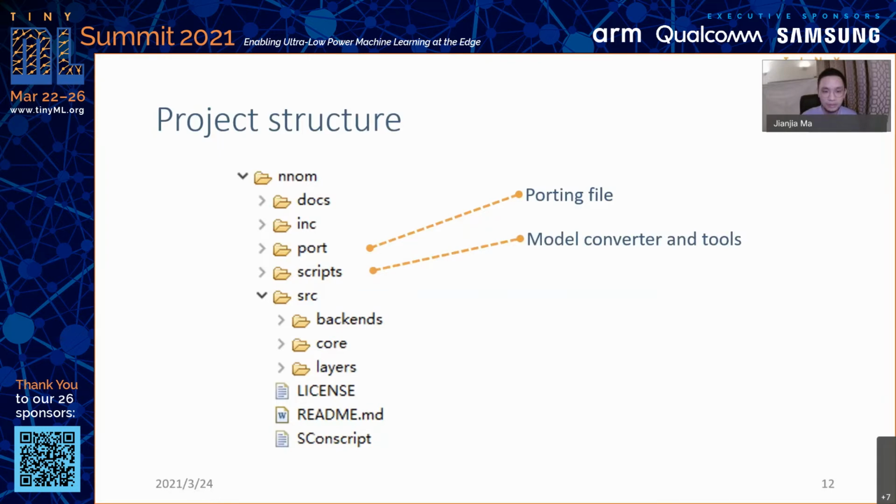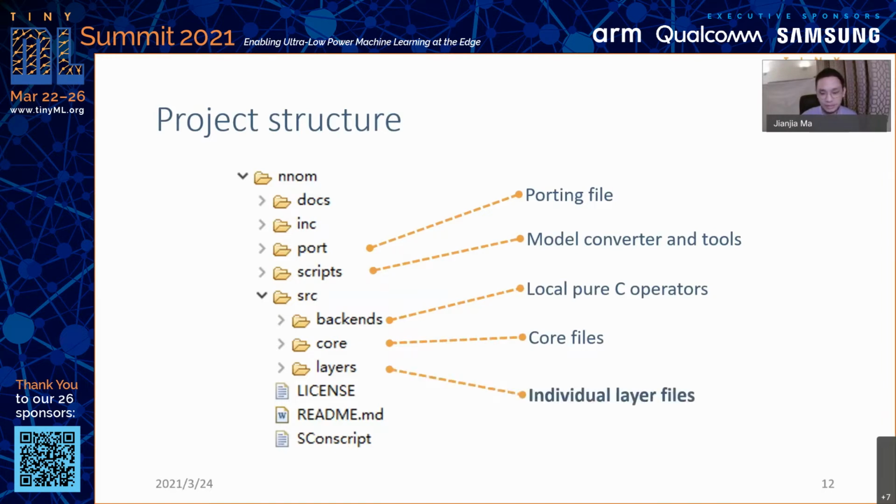Then we have the script folder for the converter, a backend folder to store all the local C operators, a cool folder which nobody cares about, and a layer folder to store each individual layer file that I just mentioned in previous slides.